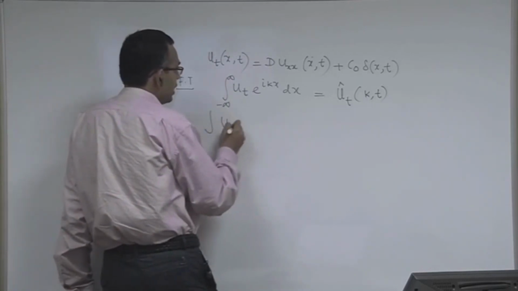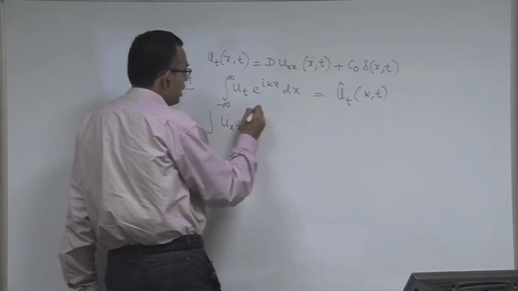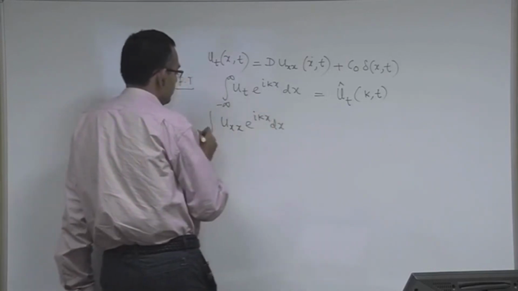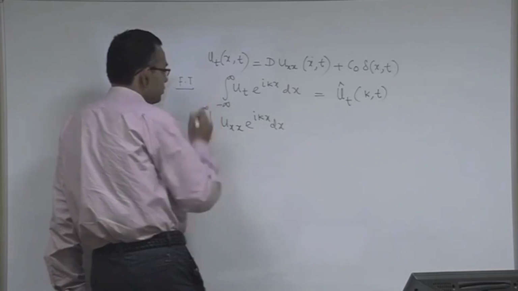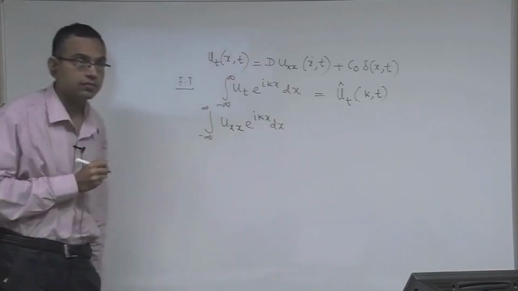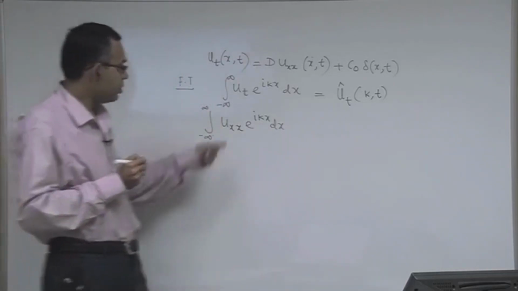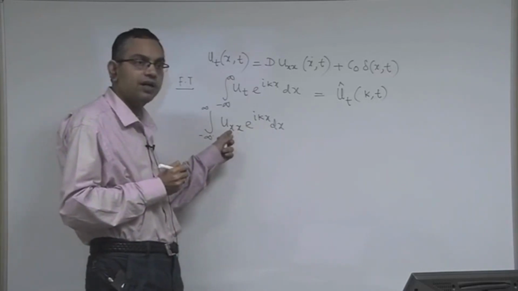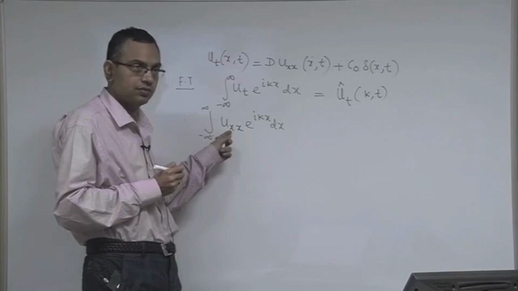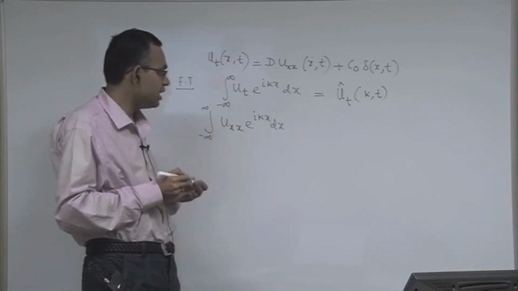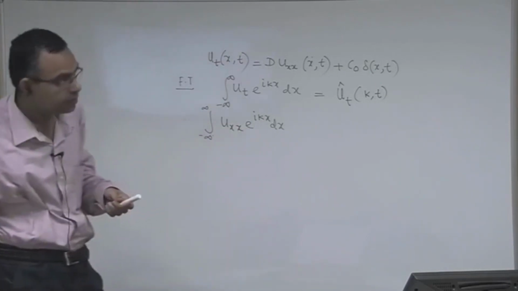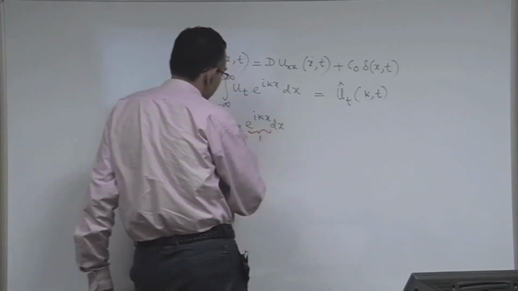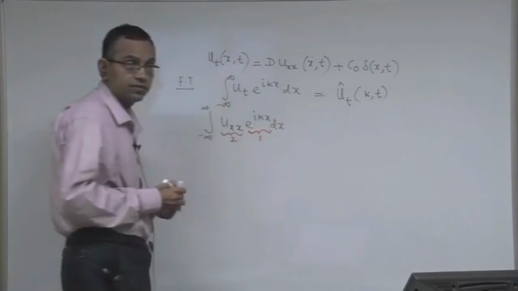Then u x x e to the power I k x. This we can integrate by parts to reduce the order of the derivative of u. So in that case we will take this as the first function and we will take this as the second function.